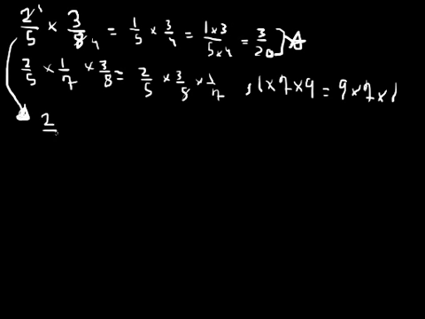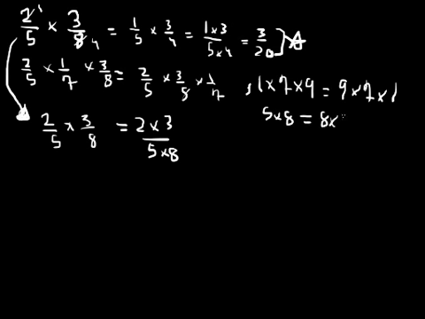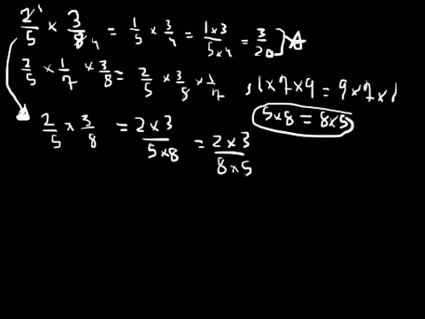So you'll have 2 over 5 times 3 over 8. So let's just say we wanted to do it the general way. So, 2 times 3 over 5 times 8. Now, look at the bottom part. Nobody would argue that 5 times 8 is not equal to 8 times 5. We know that these are equal. Order doesn't really matter. So I'll do this, 8 times 5.